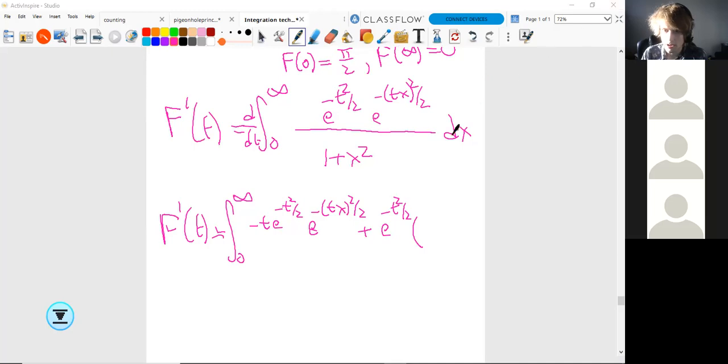That's going to be minus t x for the chain rule, and then we have e to the minus t squared x squared over 2, dx all over 1 plus x squared.